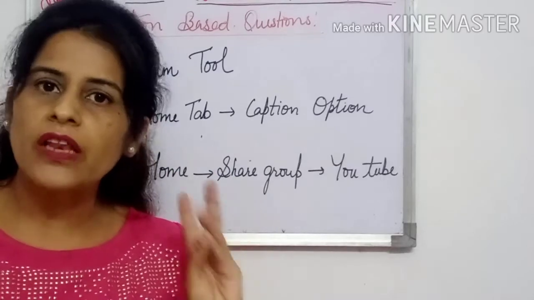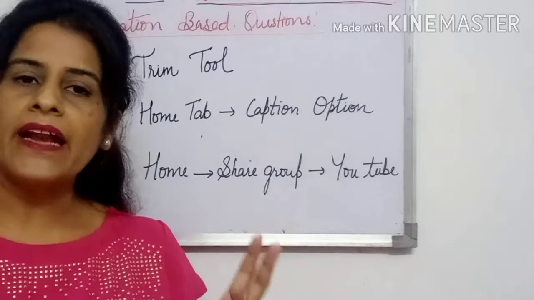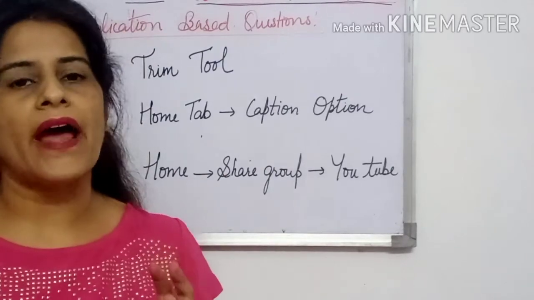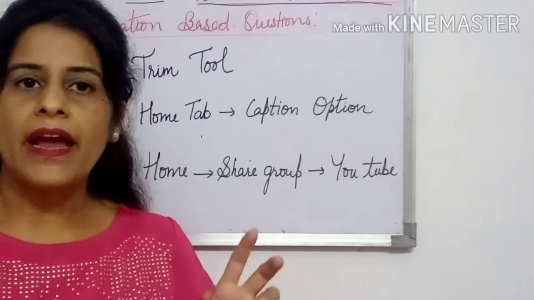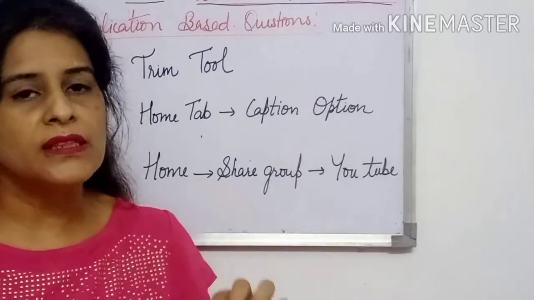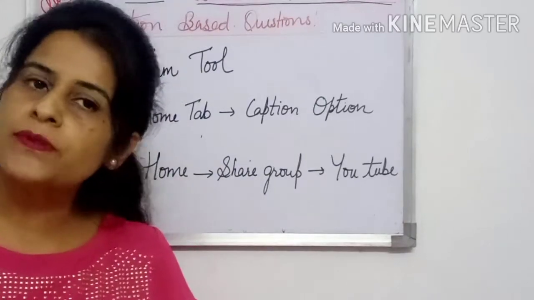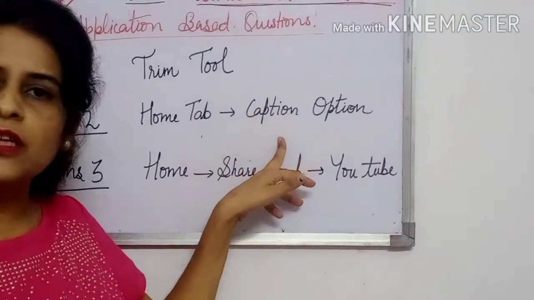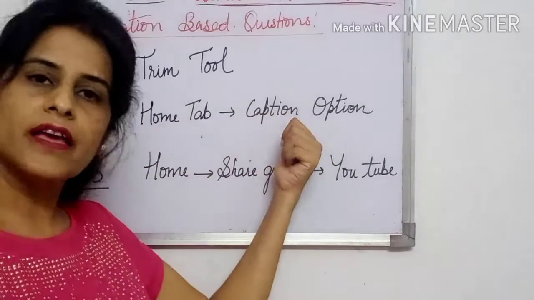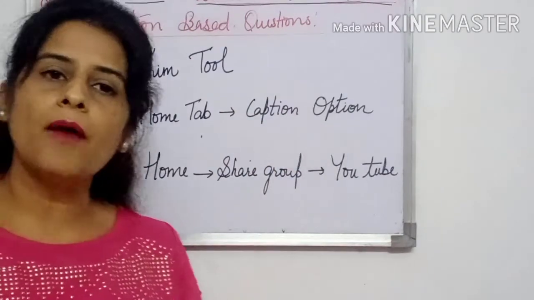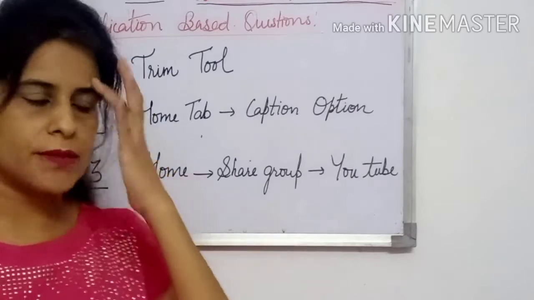Title is used when you want to add text at the start of the video, and credits are used when you want to add text-based information at the end of the video. When you want to write something on each and every photograph and video clip, we use the caption option. Firstly we go to the Home tab and then click on the caption option. So Amit can use the caption option to write something on every photo.